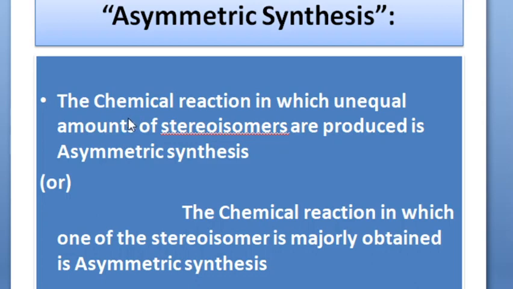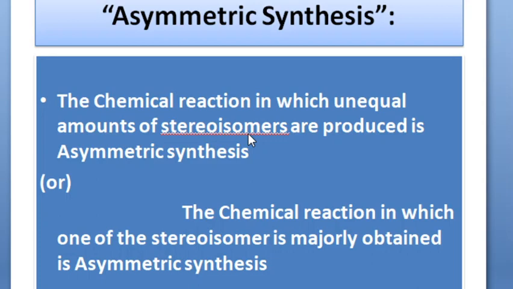So such processes are what? Asymmetric synthetic processes. The synthesis is referred to as asymmetric synthesis. Simply, by definition, a chemical reaction in which unequal amounts of stereoisomers are produced is asymmetric synthesis. So we are synthesizing stereoisomers in unequal ratio. Unequal means one is in major quantity, another one is in minor quantity.